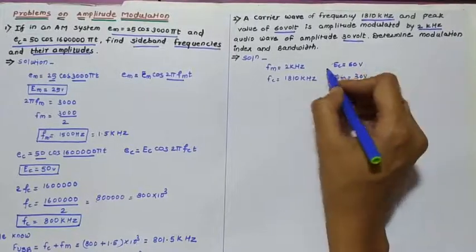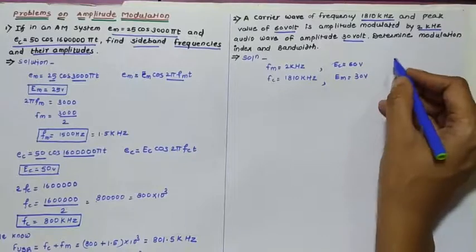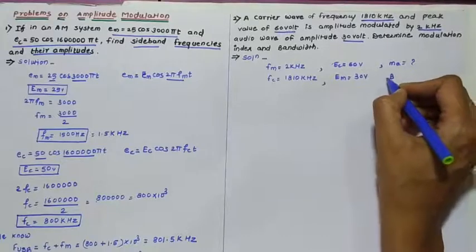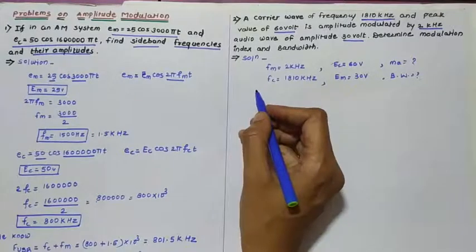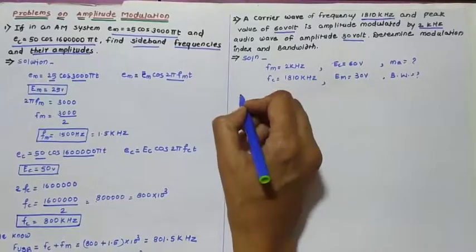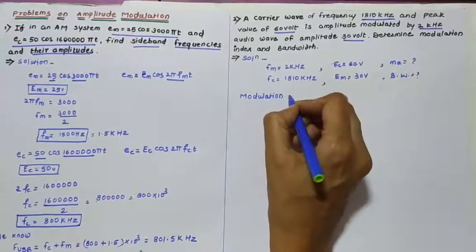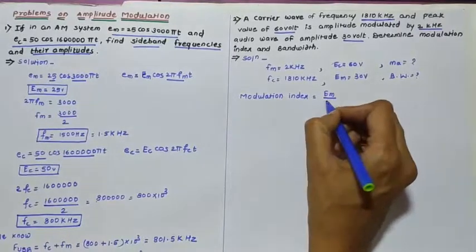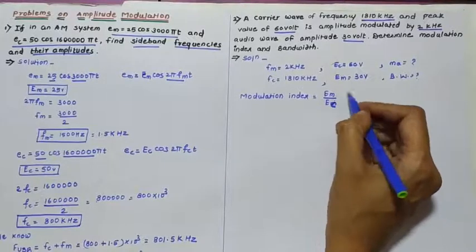What you have to find out? You have to find out modulation index and bandwidth of the AM signal. Now all of you know that the formula to calculate the modulation index is nothing but the ratio of the amplitude of the modulating signal to the amplitude of the carrier signal, that is Em upon Ec.